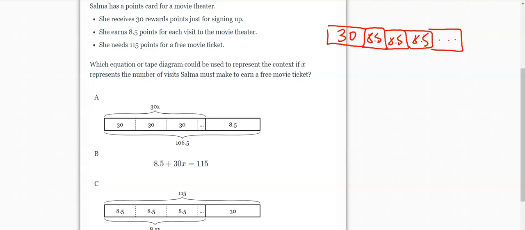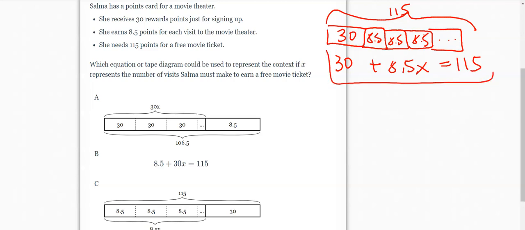Which equation or diagram could be used to represent the context if X represents the number of visits Salma must make to earn a free movie ticket? So she needs a total of 115. And so we've got our flat 30 and our 8.5 per movie equals 115. So there's our tape diagram.